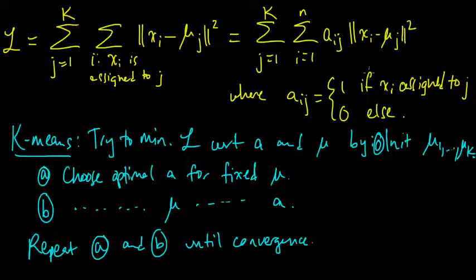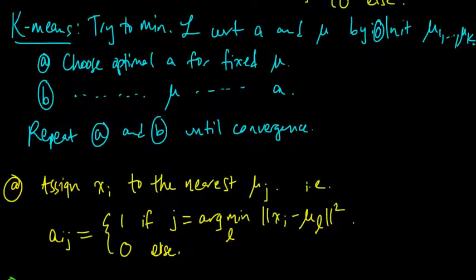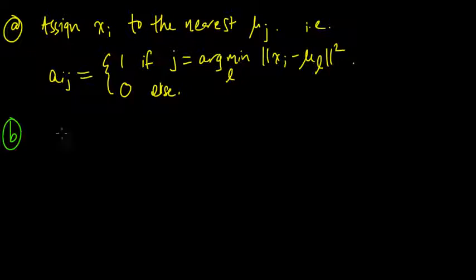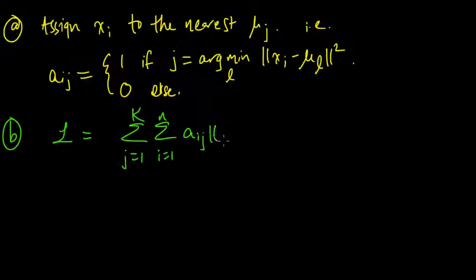So let's write down this objective function and let's try to minimize it for fixed A. Let's minimize it with respect to each of the mu's. Let's rewrite it first. L is the sum, j from 1 to k, i from 1 to n, a_ij times the distance from x_i to mu_j squared.